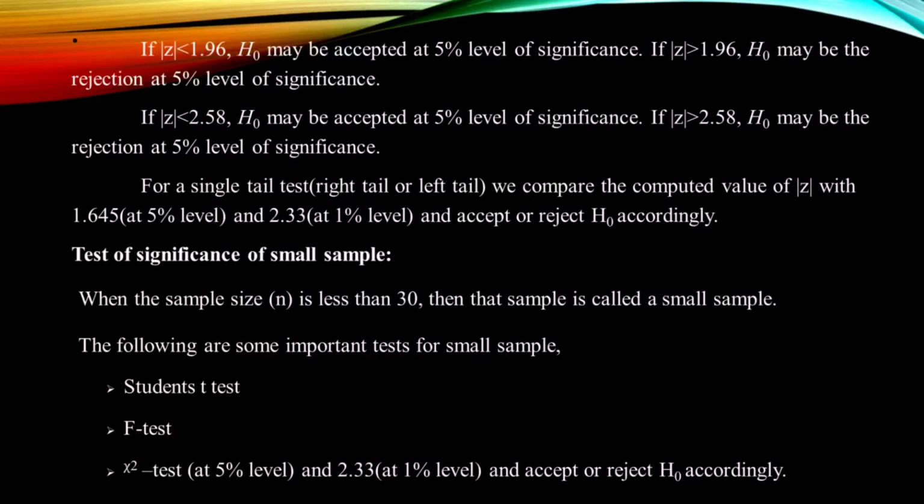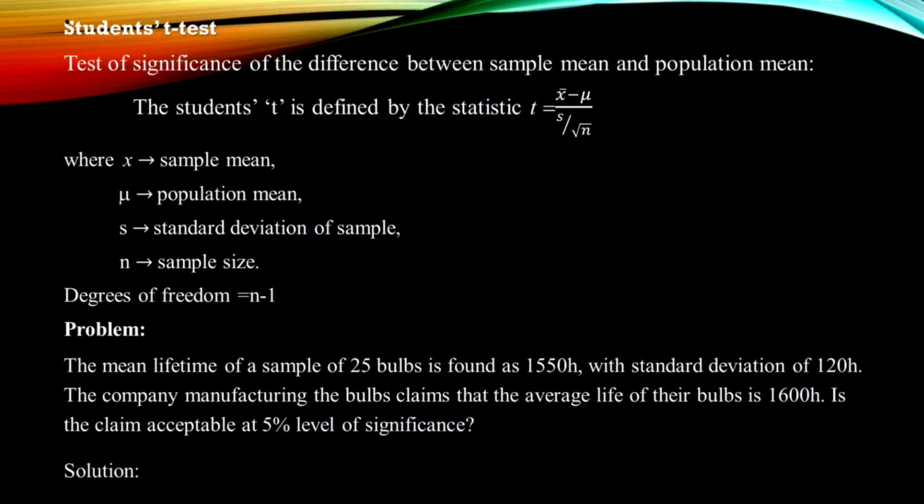Now, test of significance of small samples. When the sample size is less than 30, then it is called a small sample, and the distribution will be a small sampling distribution. So here we have some important tests for small samples. Those are the t-test, F-test and chi-square test. Now let us see the t-test.